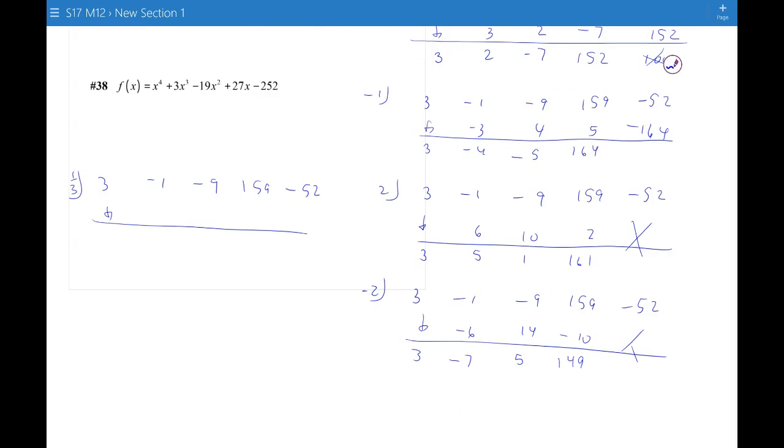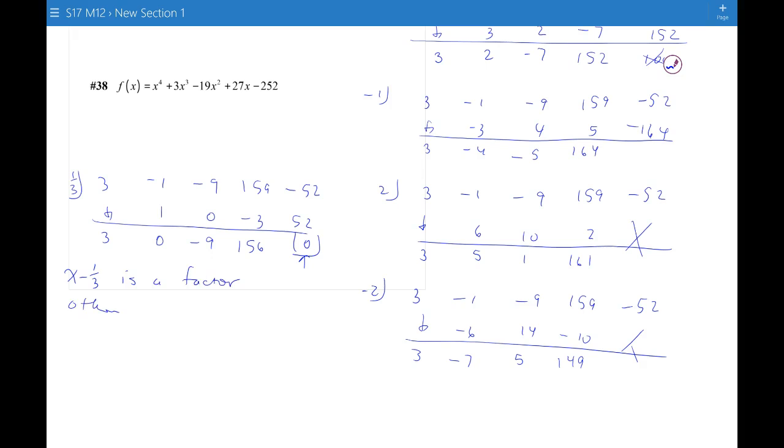See what we get. Yay! So if we have a remainder of 0, it means x minus 1/3 is a factor.